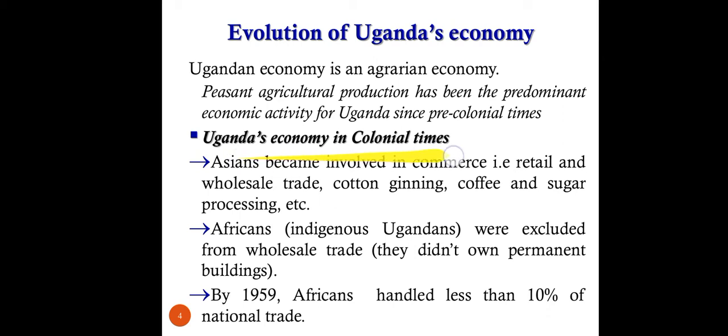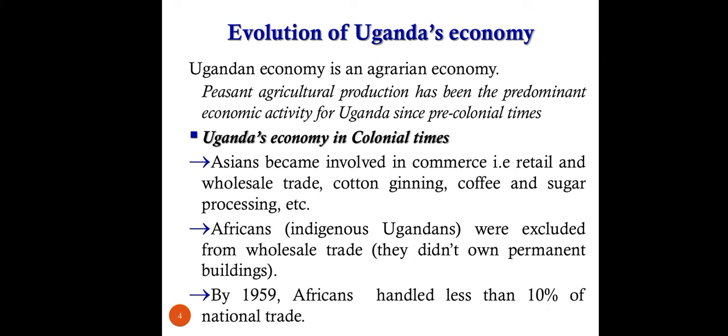Uganda's economy in colonial times. Asians became involved in commerce, that is retail and wholesale trade, cotton ginning, coffee and sugar processing, and very many other activities. However, the indigenous Ugandans were excluded from this wholesale trade, simply because they didn't own any permanent buildings.